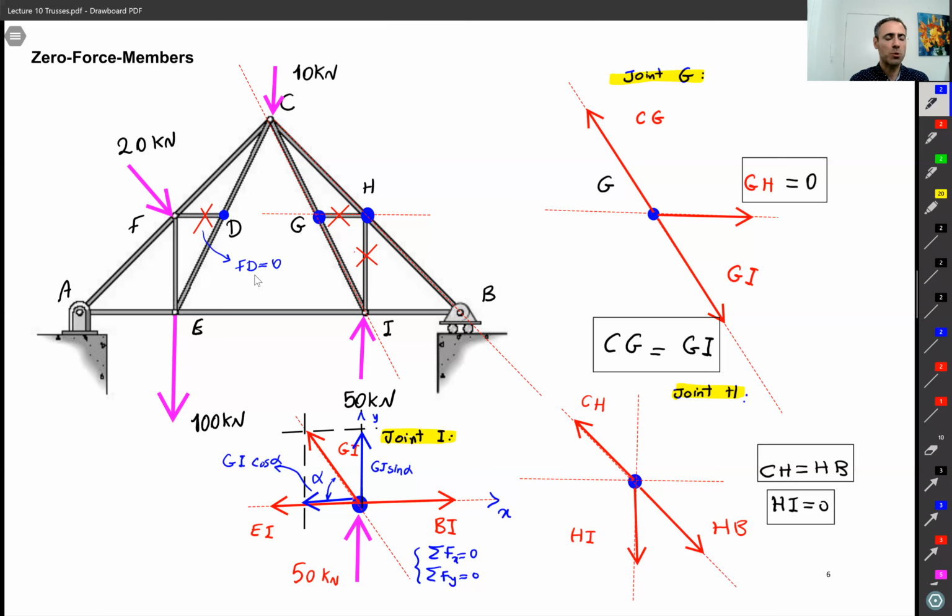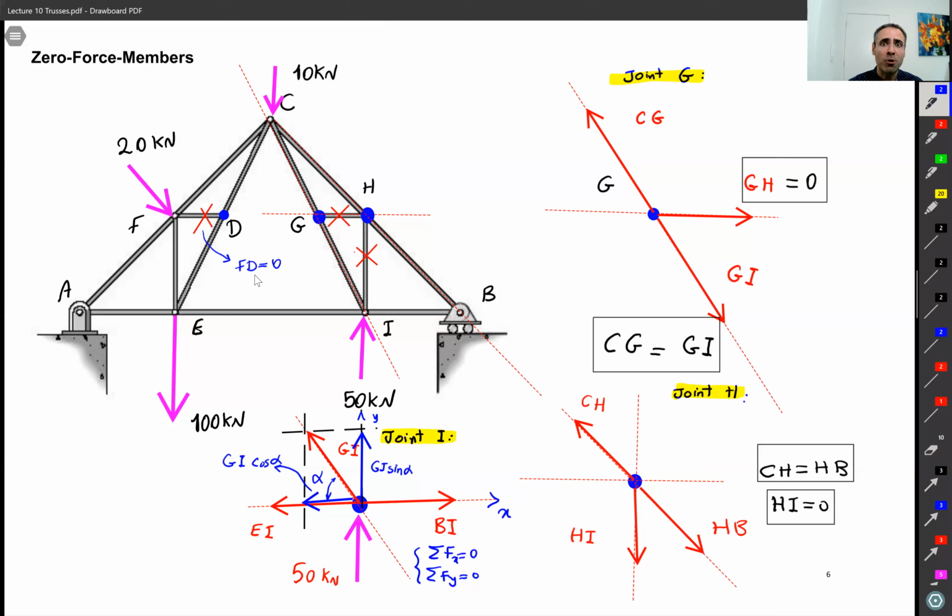So both answers were correct. As Emily pointed out, we need these 0 force members because right now on paper, they are 0. But in practice, you never know. Maybe wind is coming, right? Or maybe one day you're passing over a bridge and somebody tries to hang himself from a point.